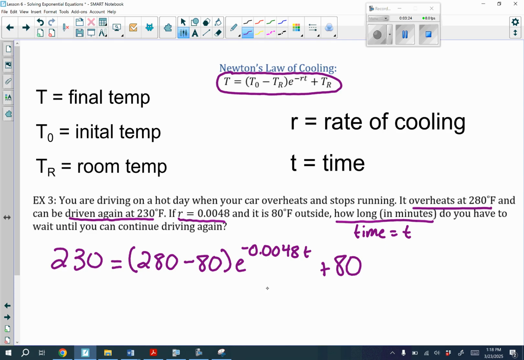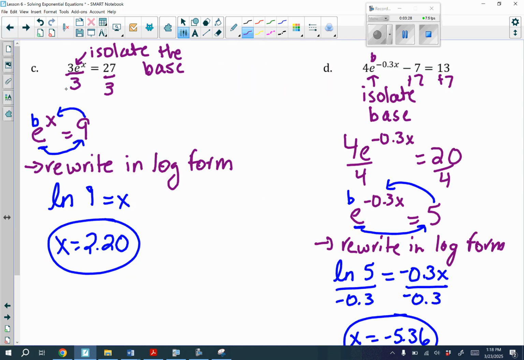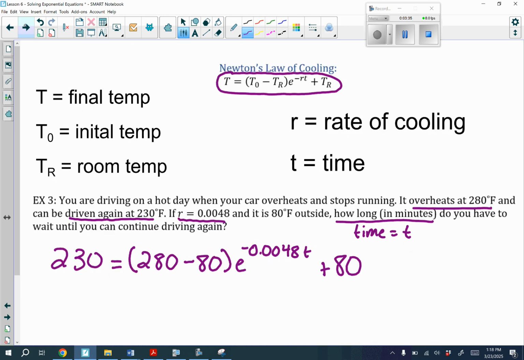Okay, let's see how you did. This is actually very similar to our example 2C and 2D that we just did. How we solve these equations, we're going to do the exact same thing on this example. So first step, we need to isolate our base. Remember, our base here is E, so we must isolate it.